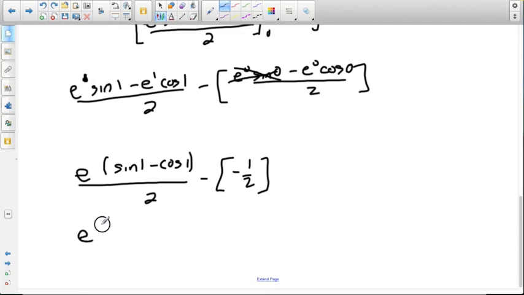So simplifying a little bit and getting rid of some brackets, it looks like we have plus a half right there for the value of that integral.